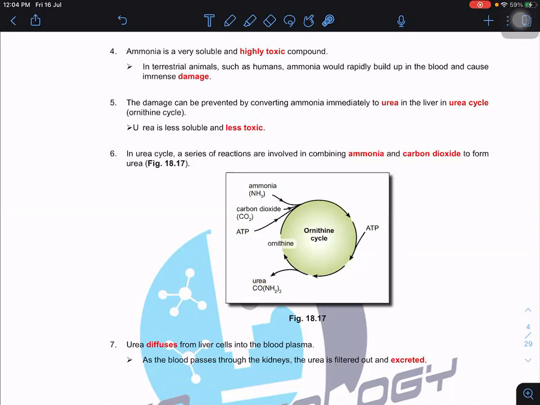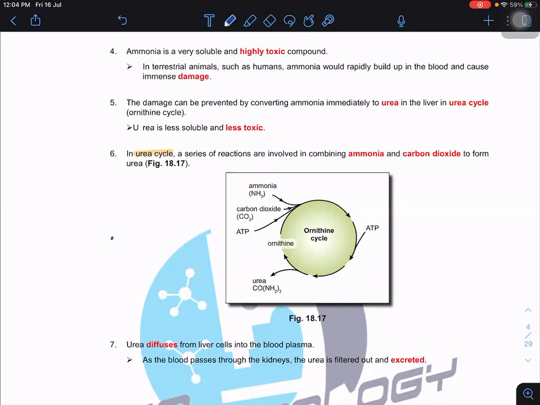So how we get urea from ammonia is through the cycle called the ornithine cycle or urea cycle. Basically, in the liver, two ammonia react with one carbon dioxide. You form urea with the formula CO(NH2)2. Are you clear?